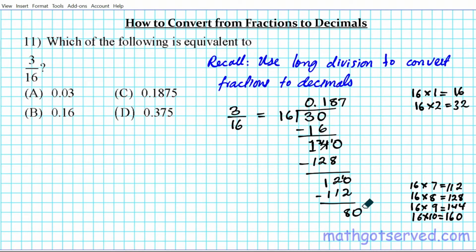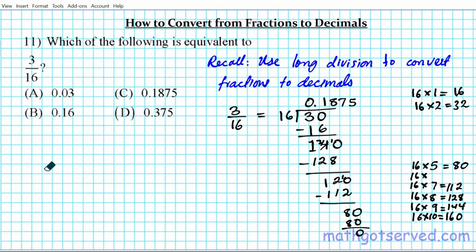How many times does 16 go into 80? So let's see, let's try 16 times 5, since what we have here is a multiple of 5. 16 times 5 is 50 plus 30, which is 80. Bam, jackpot. That's exactly what we want. So we have 5. 5 times 16 is 80. Subtract to get 0.